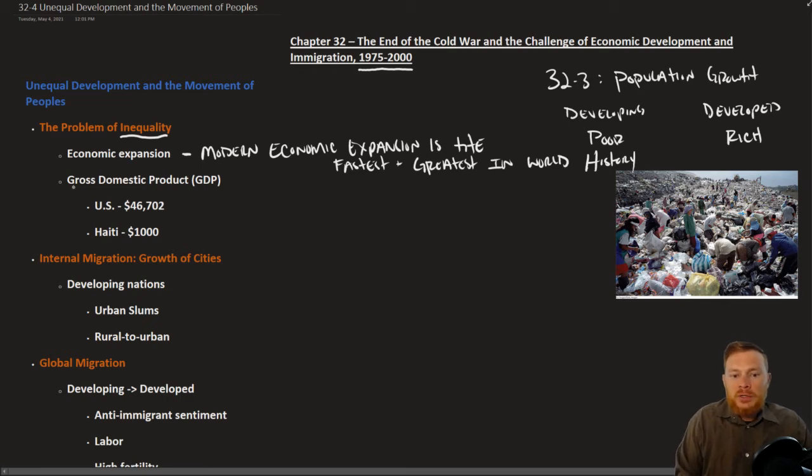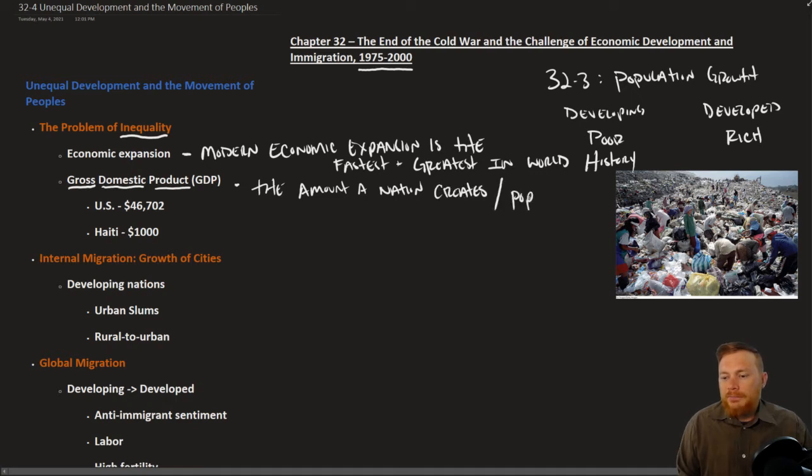So for example, typically the most commonly used tool to measure economic well-being is gross domestic product, or GDP. That is essentially the amount a nation creates divided by the population.